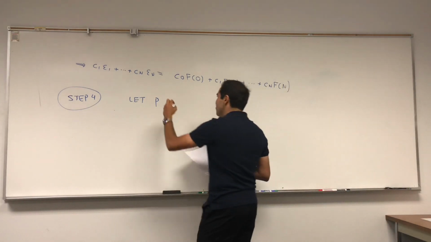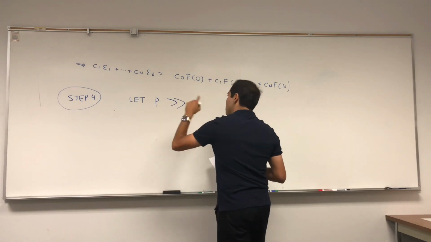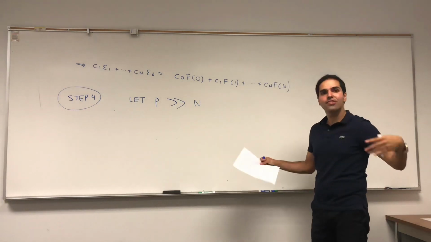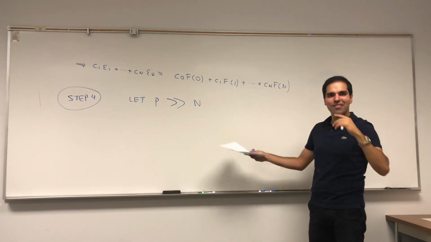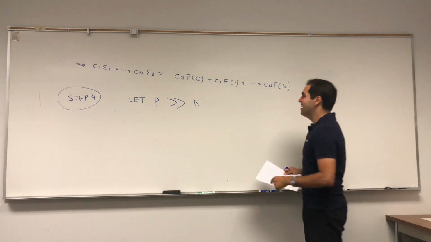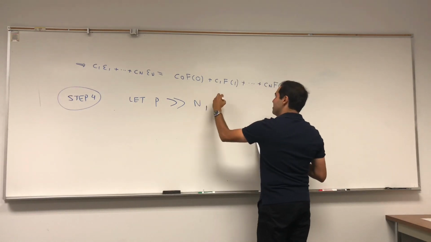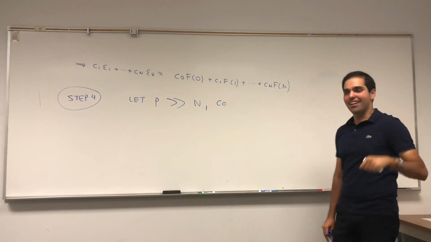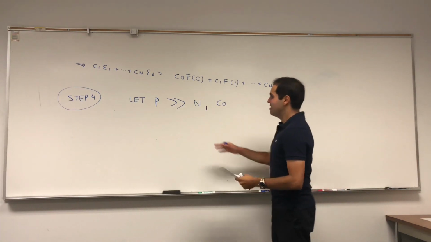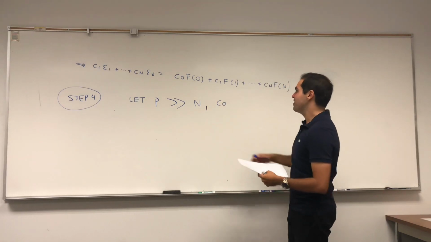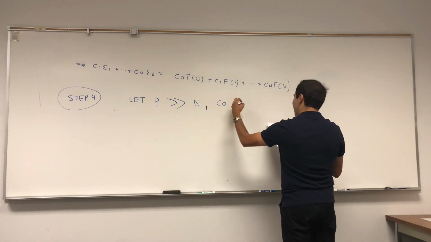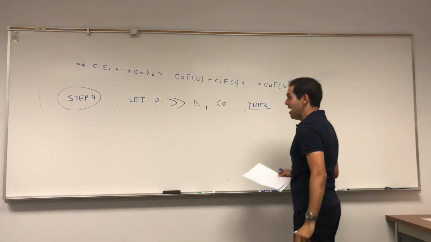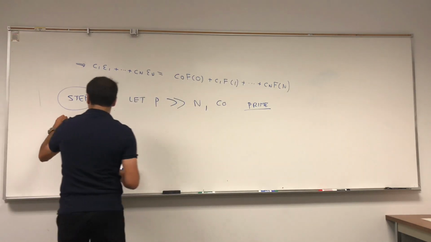So think of it as very big. So it's bigger than n, which is again the highest degree of the polynomial in E, okay? And it's also bigger than C0, which was that constant term in our expansion of E. So let P be huge, be bigger than n, bigger than C0, and P is prime. And this will be super important later on. And consider the following polynomial.